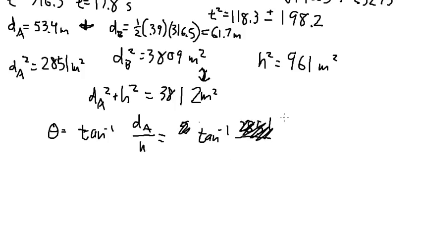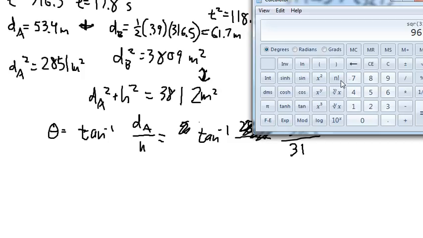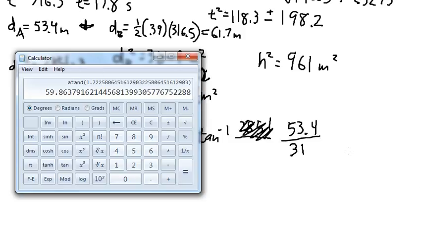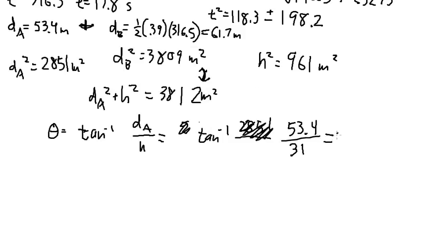Oh no, wait, not 2851, sorry, dA was 53.4 divided by 31. 53.4 divided by 31 equals, there we go, and let's inverse tan that, and it equals 59.9 degrees.